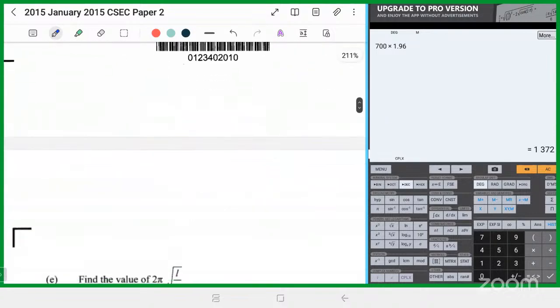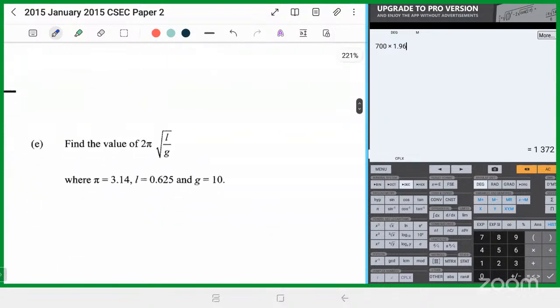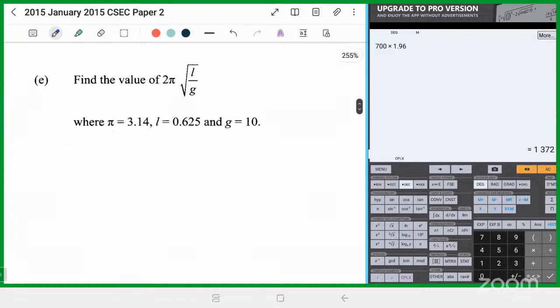Let's continue. All right, here now, I'm giving this expression. This is some physics formula for 2 pi root L over G. I don't remember which formula this is. It says pi is 3.14, L is that, and G is 10.